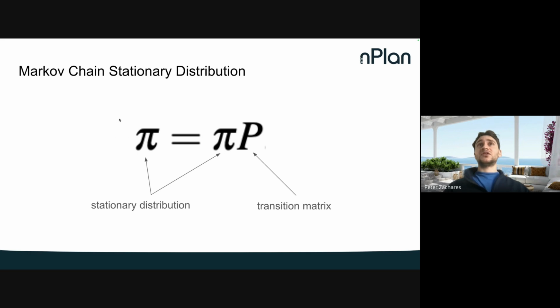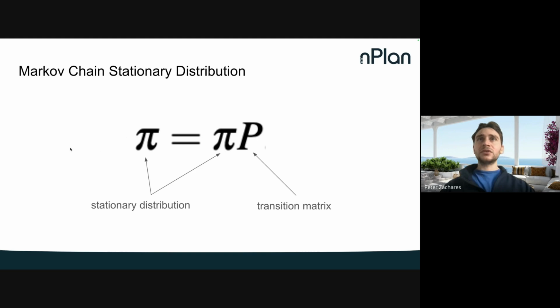The only difference is there's a constant here, which would be the eigenvalue. What that should tell you, and we'll touch upon this later, is that a stationary distribution is an eigenvector of the transition matrix, and its eigenvalue is equal to 1. We'll go into later why that's important, but I'm just bringing that up now.